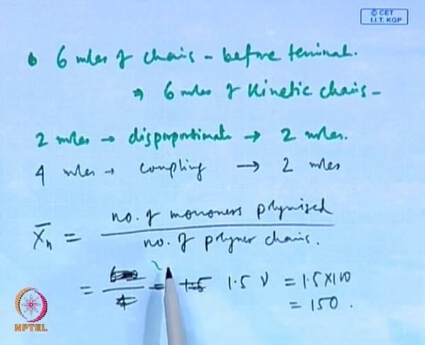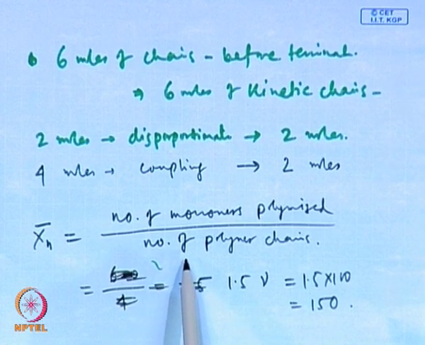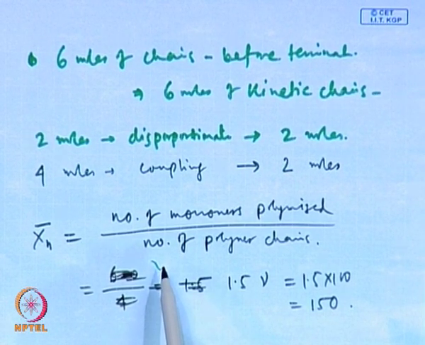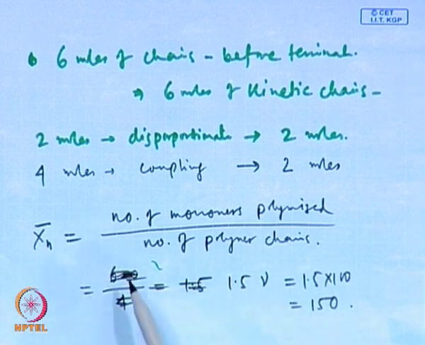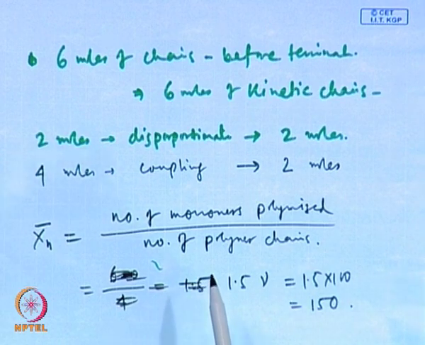But in step polymerization, each molecule, whether monomer, dimer or trimer, is included as part of the polymer sample.